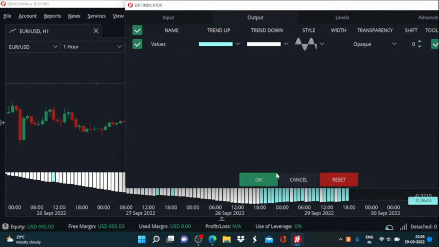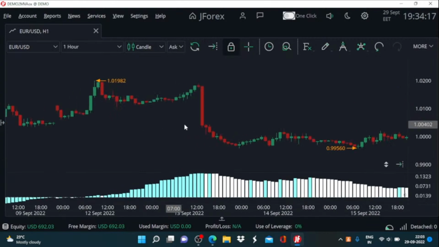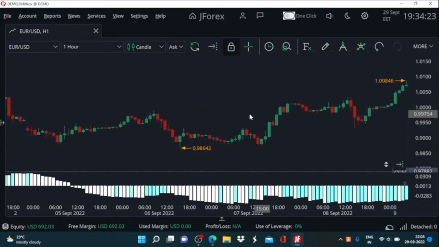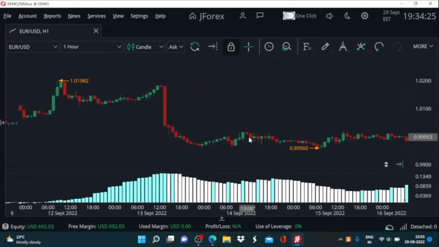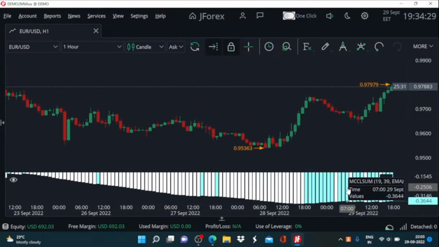So we can opt for different color combinations when the trend is up and when the trend is down. So you get a clearer idea. It becomes easier on the eyes as well to read the trend reversal. So we have opted for two different color combinations for this indicator's output.